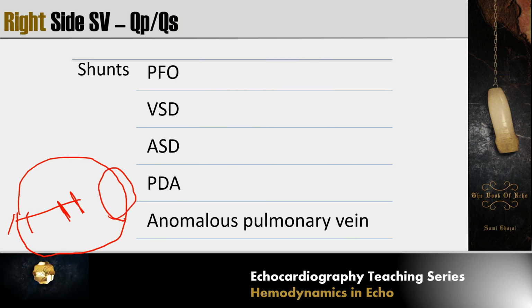pressure chamber, whether the LV or RV, let's say it's the LV here, the high pressure chamber, to the right side, which is the lower pressure chamber.